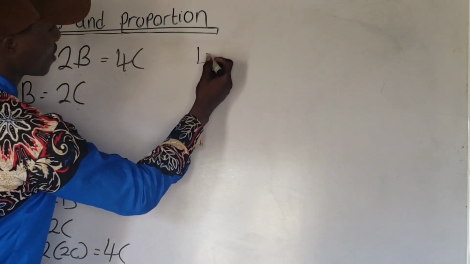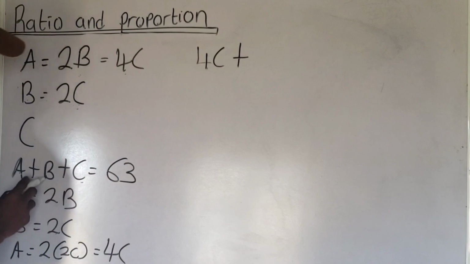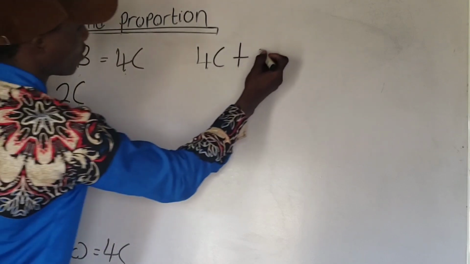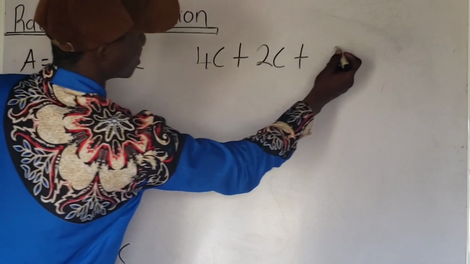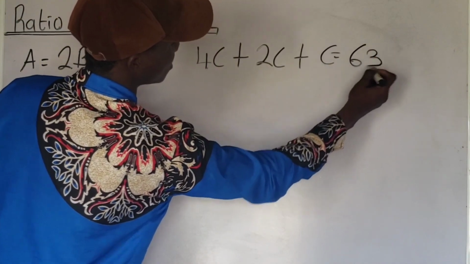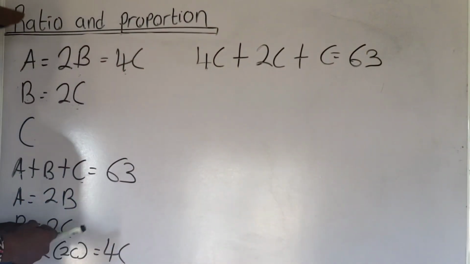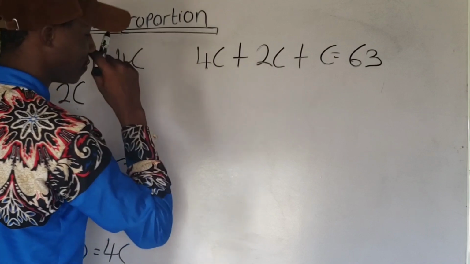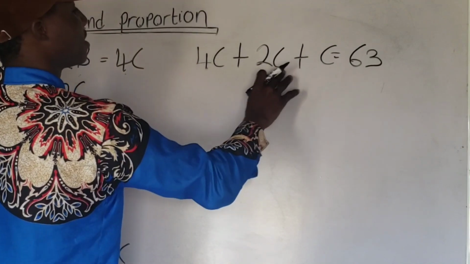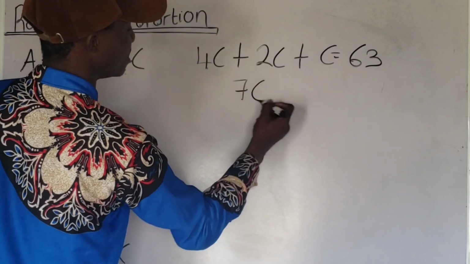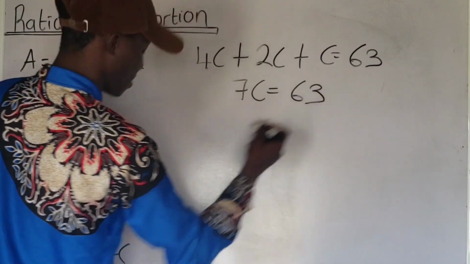So I have 4C plus 2C plus C is equal to 63. 4C plus 2C, that is 6C. 6C plus C, that is 7C. 7C is equal to 63.